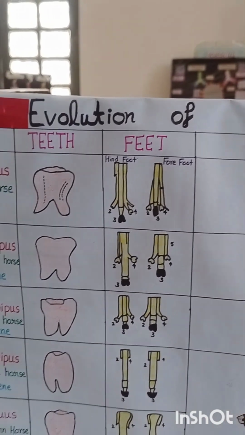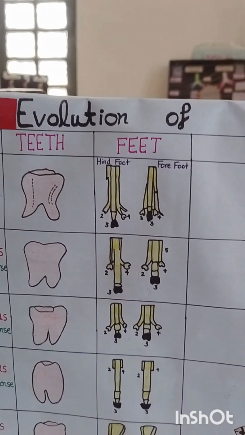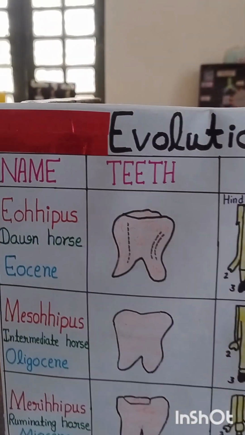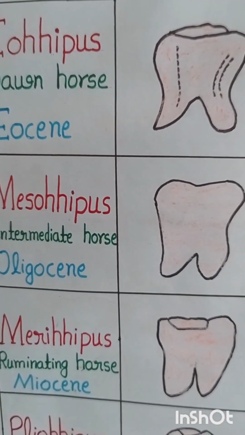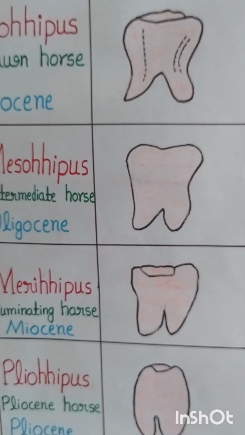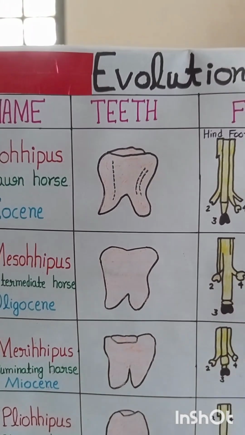So there are different time periods where it has changed from the first stage, that is Eohippus. From Eohippus to Mesohippus, Mesohippus to Merychippus, and then Pliohippus and Equus.